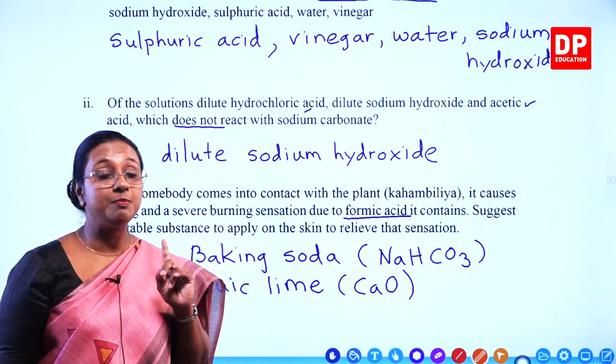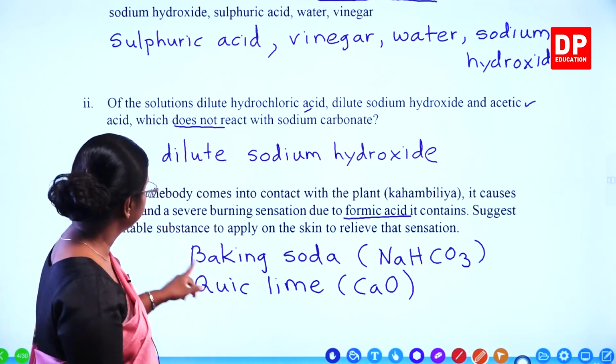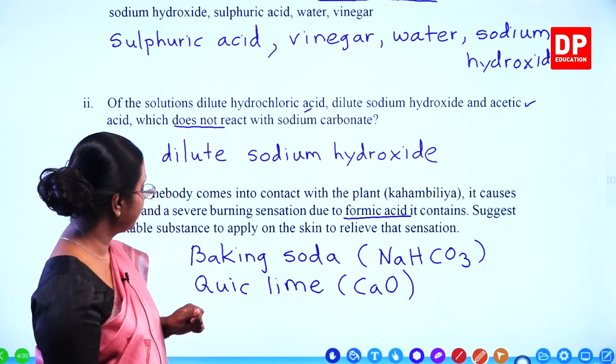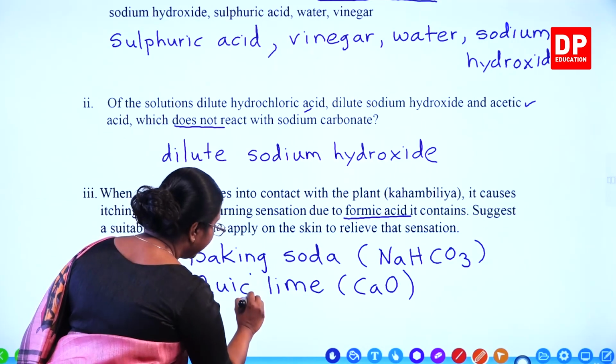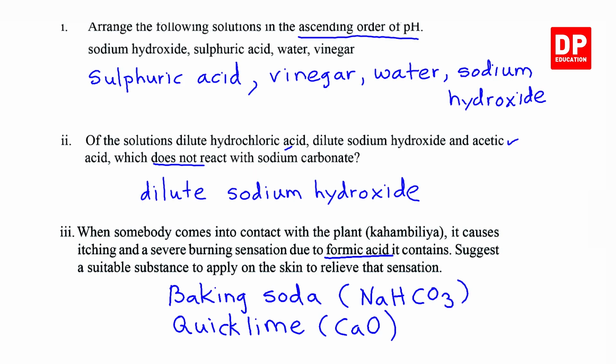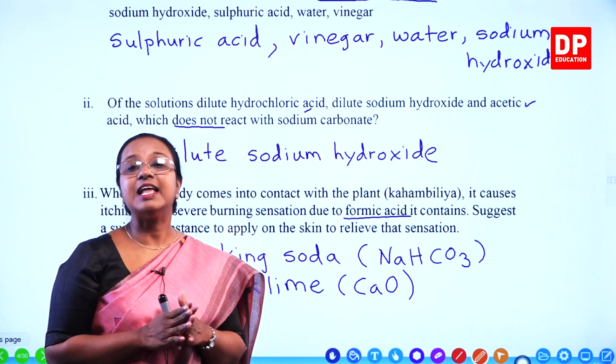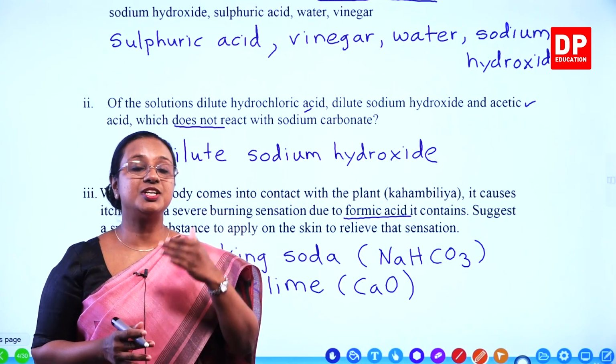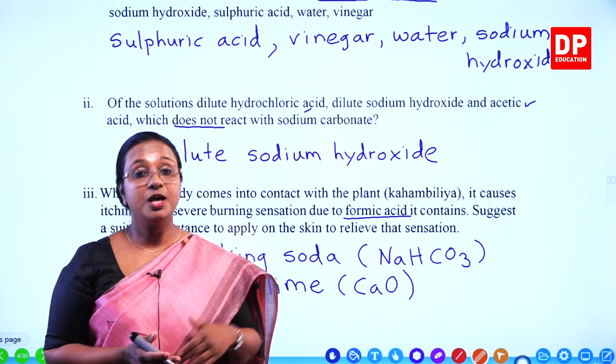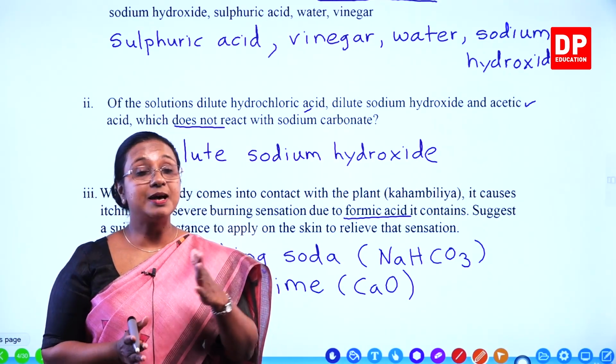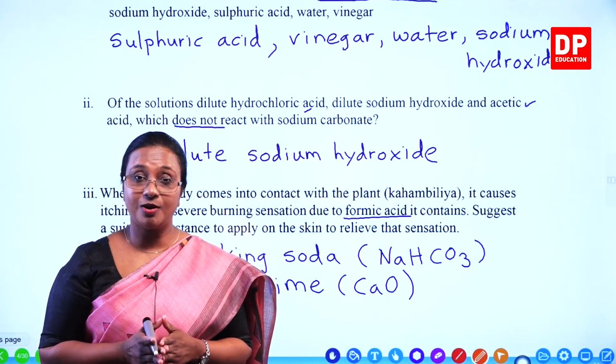It has to be a weak base. You have to remember that, students. So baking soda, sodium bicarbonate, or quicklime, that is calcium oxide. You can use one of these. So students, with that I have completed the questions given in your textbook. Now I will be discussing some extra questions with you all.